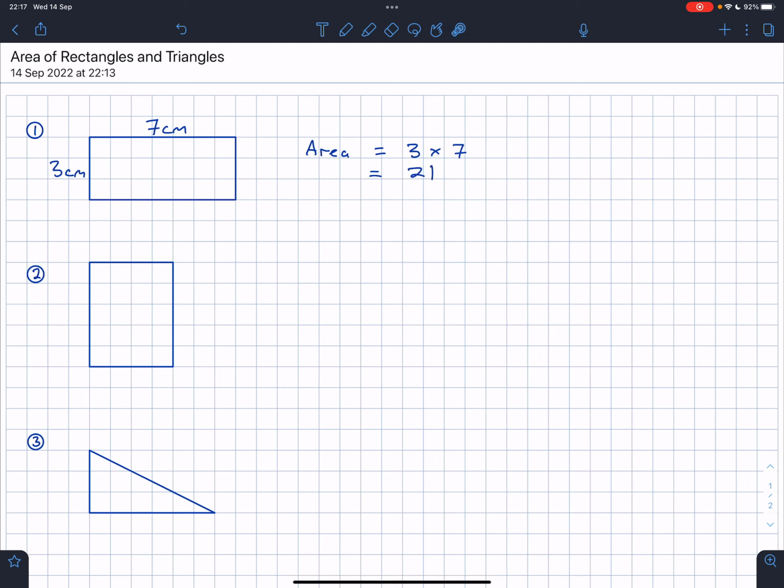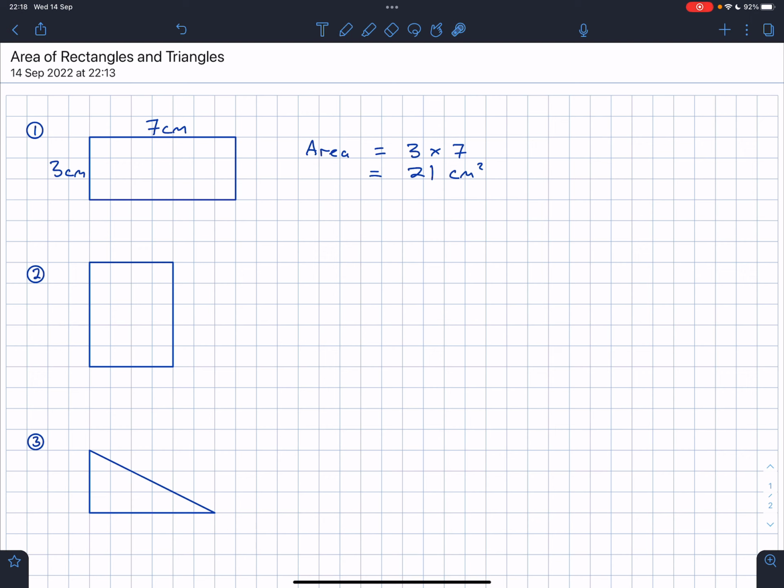That's where our 21 came from. Remember, we had 3 rows of 7, but that 21 means that we had 21 little squares inside this shape. And our squares are going to be a centimetre in length, so we call them centimetres squared, or square centimetres.